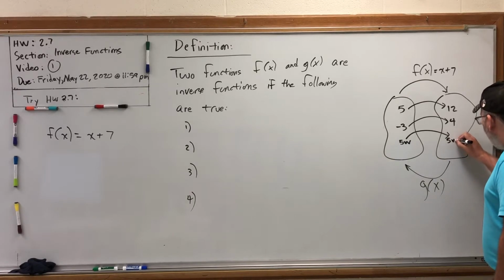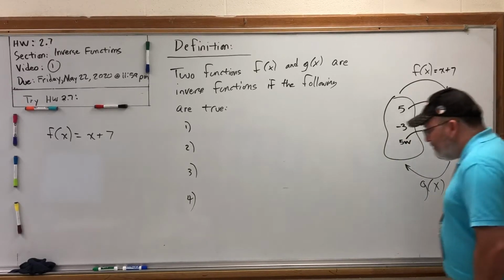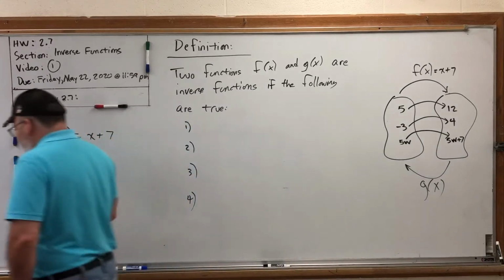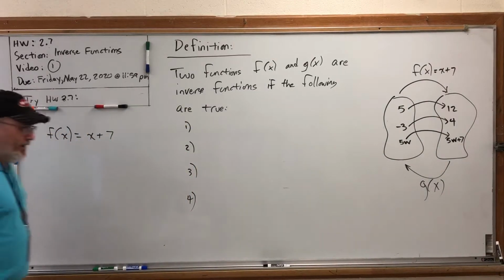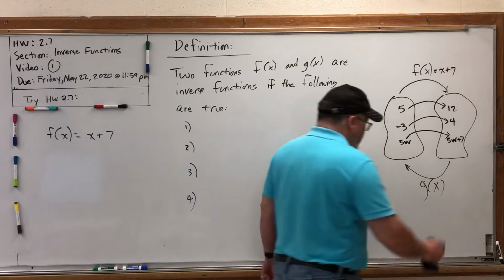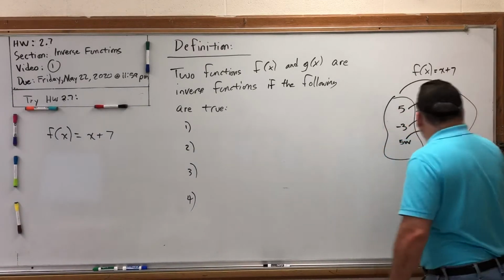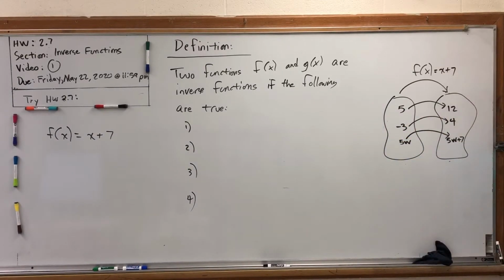And I would get 5w plus 7. So if we think of this function as an action that says give me a number and I will do an action to it and turn it into something else, then this is a visual of that function with some specific inputs. 5 turns into 12, negative 3 turns into 4, 5w turns into 5w plus 7.